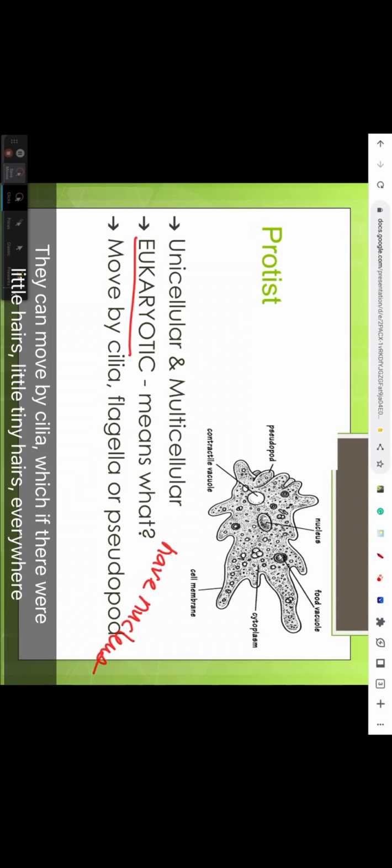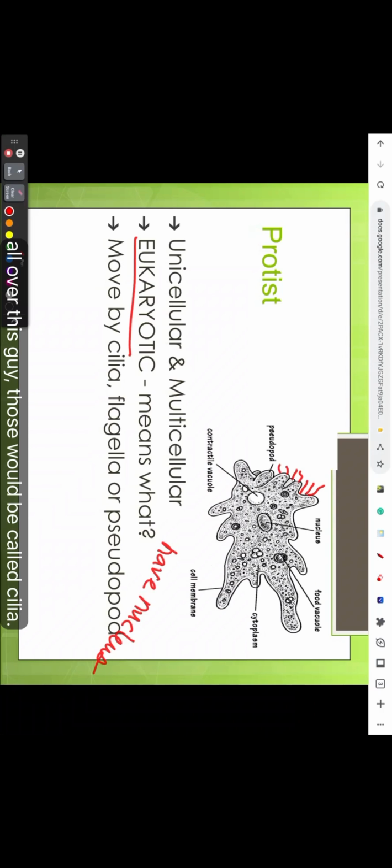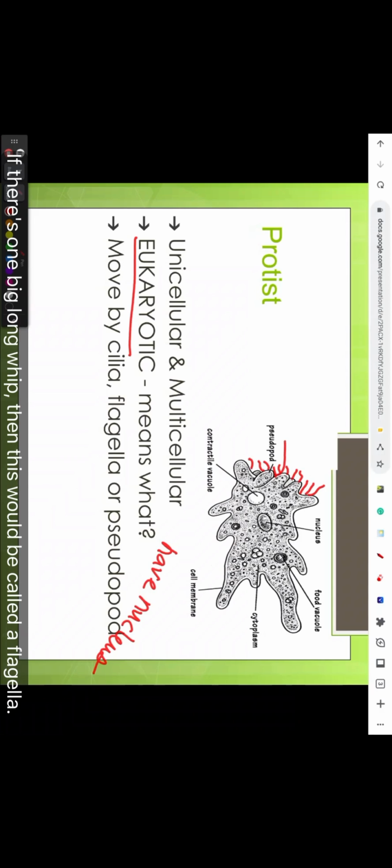They can move by cilia, which if there were little tiny hairs everywhere all over this guy, those would be called cilia. If there's one big long whip, then this would be called a flagella.